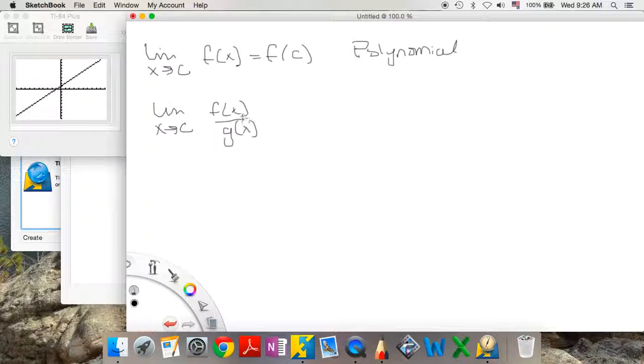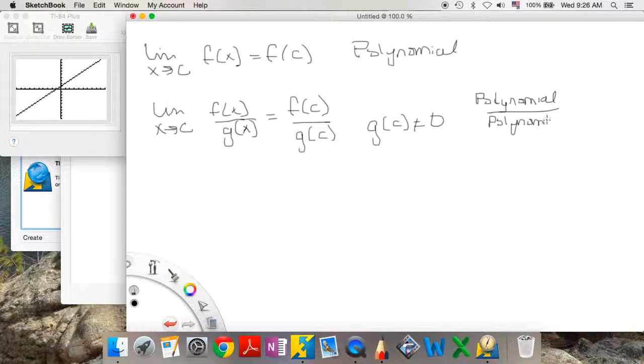If it's a rational function with polynomials on the top and the bottom, then you can also just plug it in as long as the denominator is not equal to 0. These are smooth and continuous and defined everywhere, so we can just plug in our value and we have the limit.